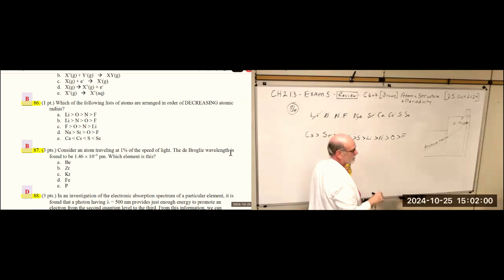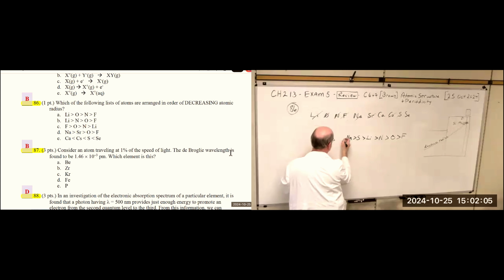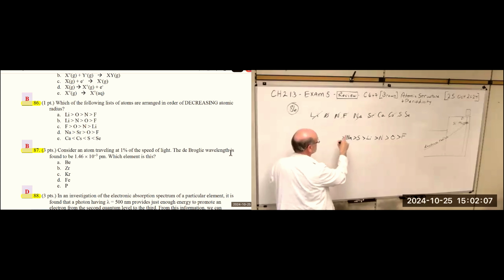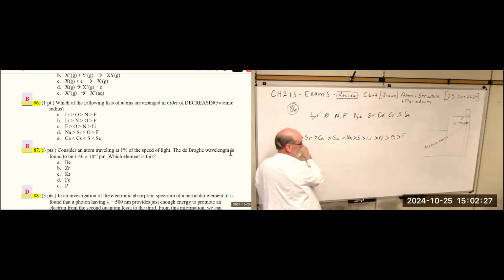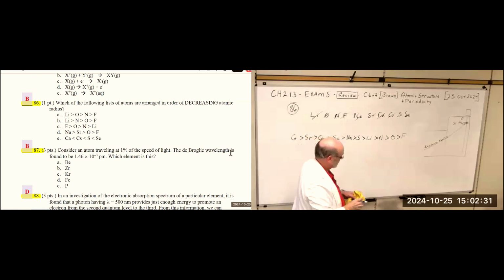And then come down, selenium would be next in our list. Selenium. Yeah, then all the way over to calcium is next. That's it, except for I erased the strontium and the cesium. So that should be the order of size.